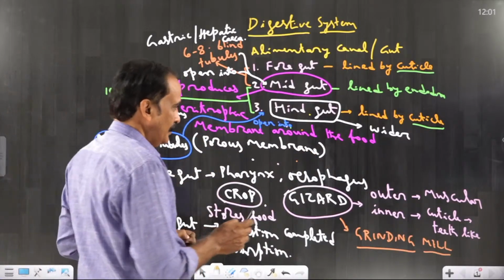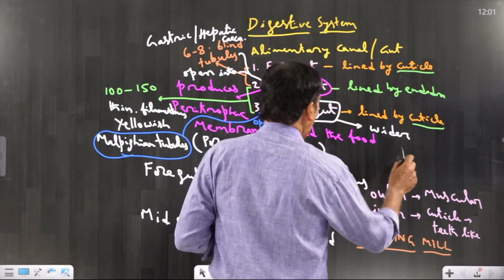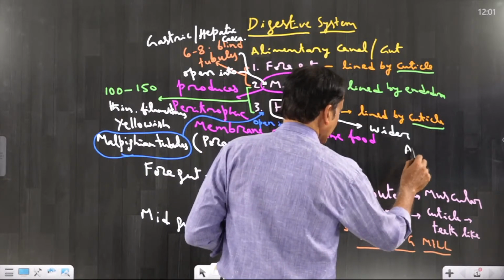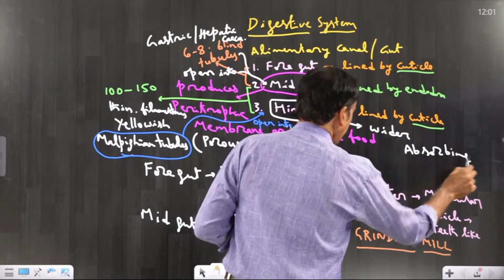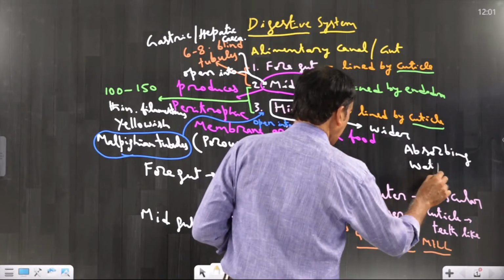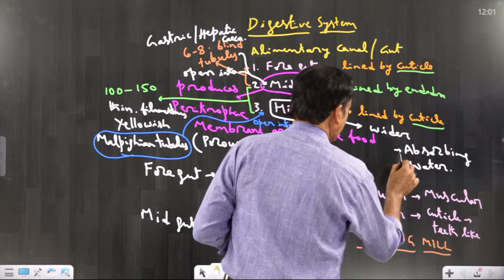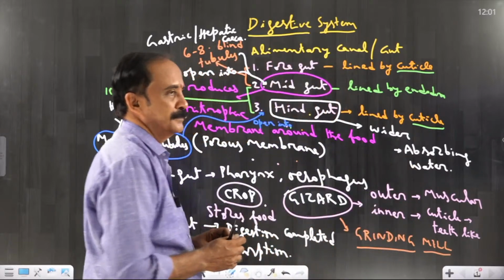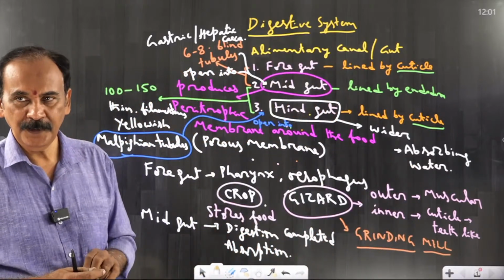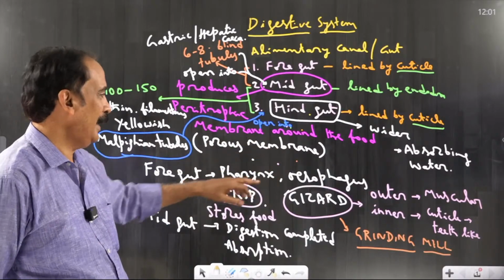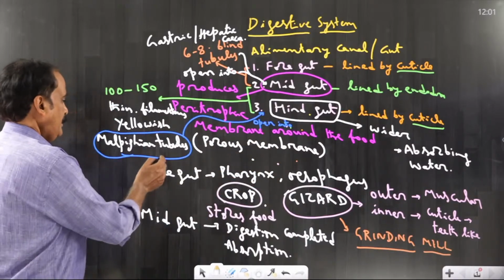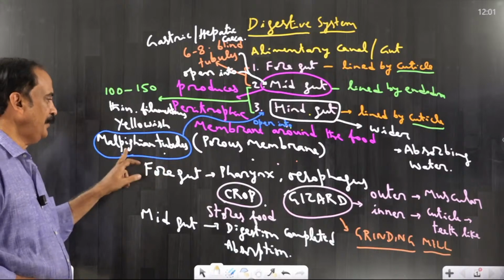So, hindgut will be helping in absorbing the water from the waste material. Hindgut absorbs the water from undigested waste, as well as it receives the nitrogenous waste from Malpighian tubules.